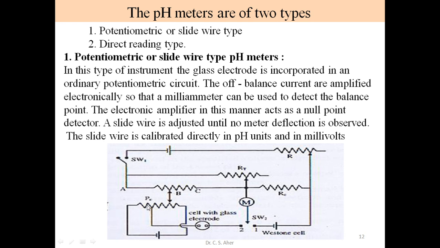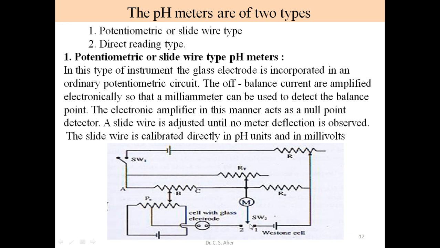This potentiometer PC adjusts the slide wire. Here we have two connections. The Weston cell is introduced, and for adjustment we have this resistance R. The Weston cell is introduced by connecting with point 1, and it is adjusted using the R resistance.